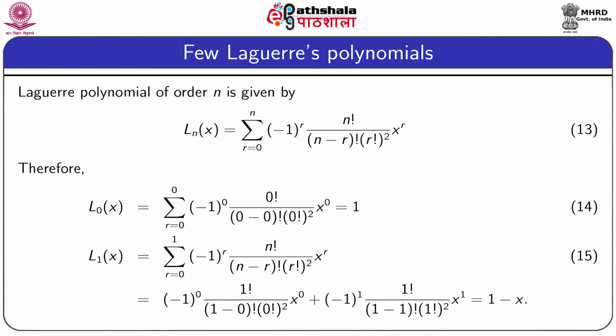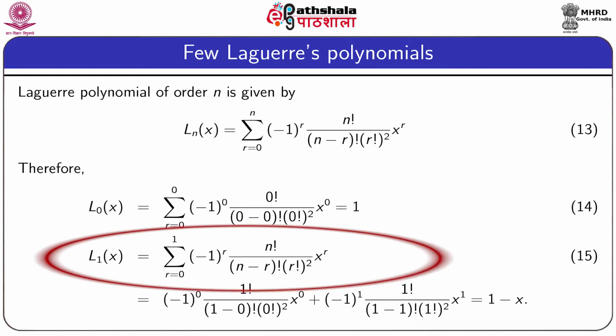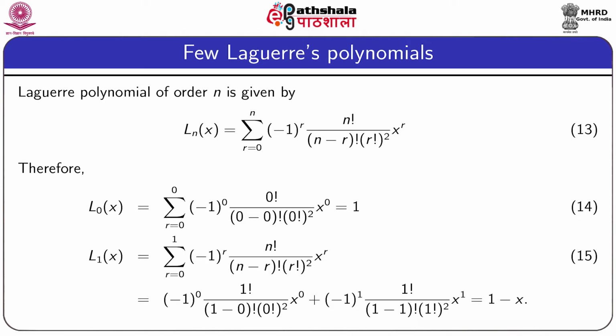To calculate the next one, we put n equal to 1 in equation 13, and if you do that, you will get the summation r equal to 0 to 1 of (-1)^r · n! divided by (n - r)! · (r!)^2 · x^r, given by equation 15.